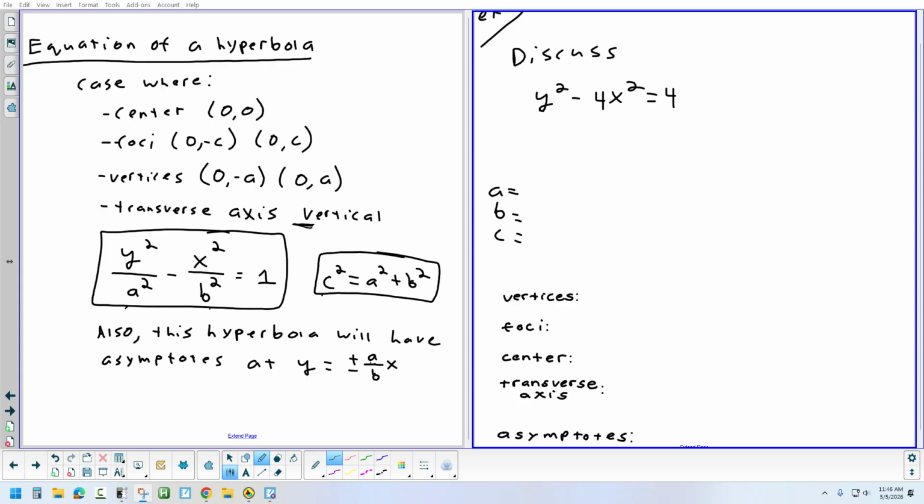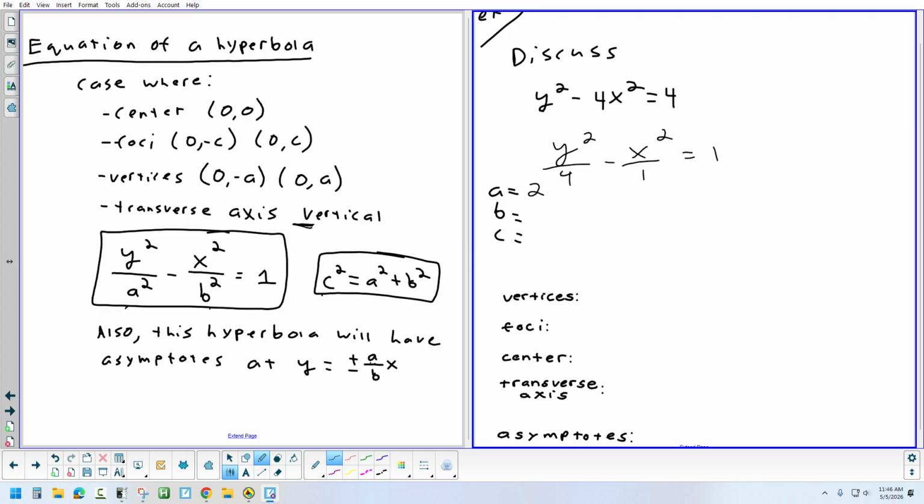Okay, what did we find you had to do first in this equation? Yep. Divide everything by 4. So you're going to get y squared over 4. The 4's are going to cancel with the x, and they're going to cancel on the other side. What's the A value here? Yep. 2.